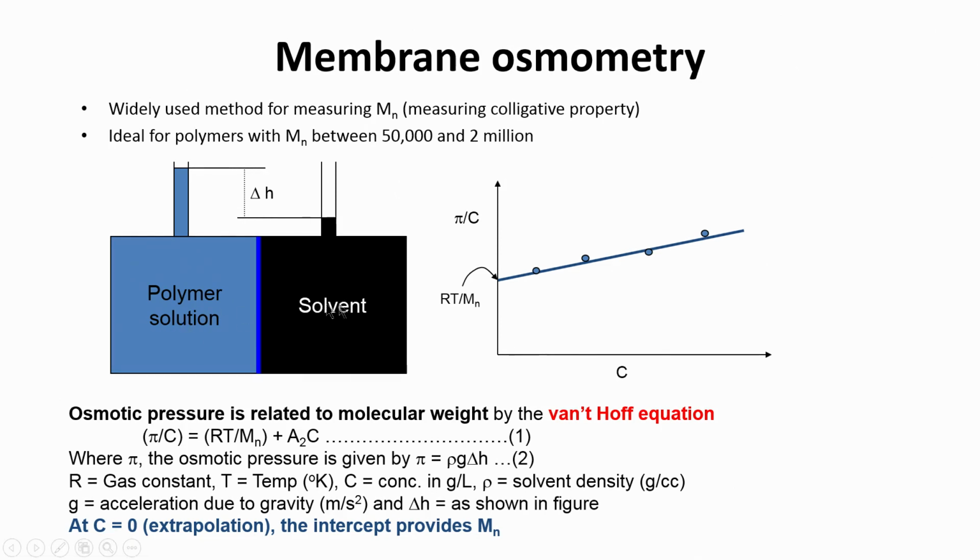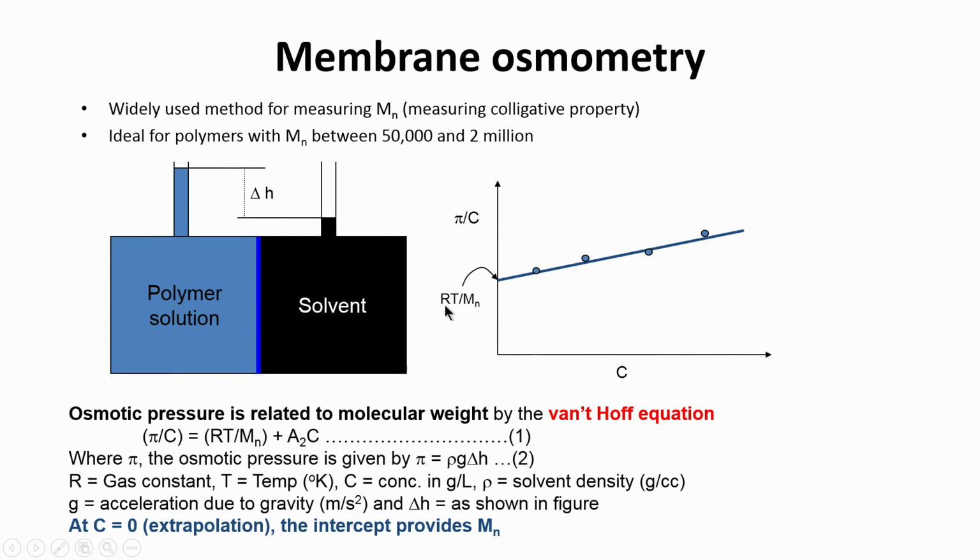However, as it further goes in, there is also a height difference, so that creates a reverse pressure as well. So at some point it stabilizes, and you can fit it in an equation, the van't Hoff equation. We are not going to go into the derivation, but you can use the van't Hoff equation to get a relationship between the height difference and the concentration of the polymer, and you can then extrapolate to find the intercept, which, if you put it in the equation, is nothing but RT divided by the number average molecular weight.